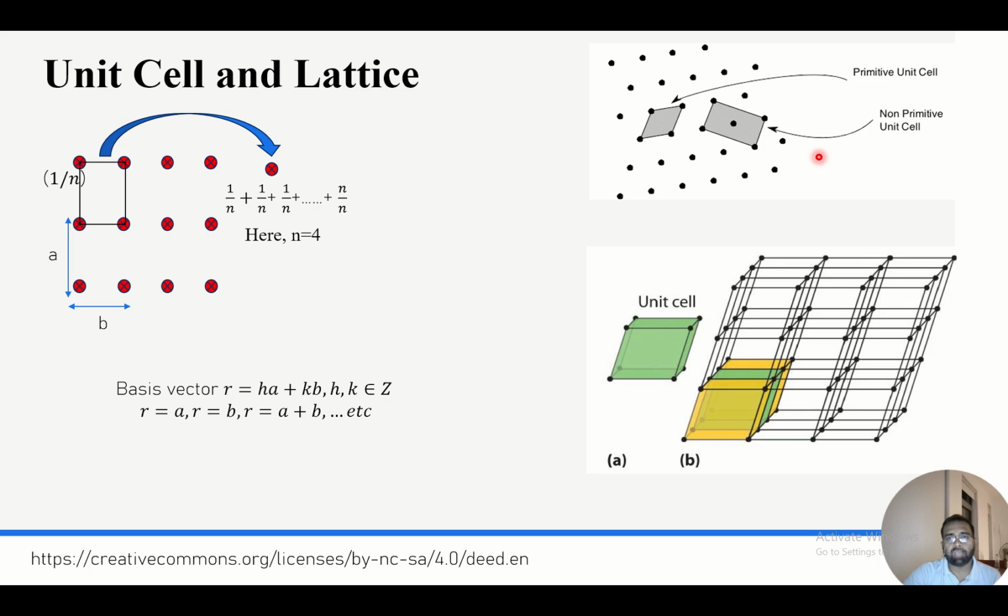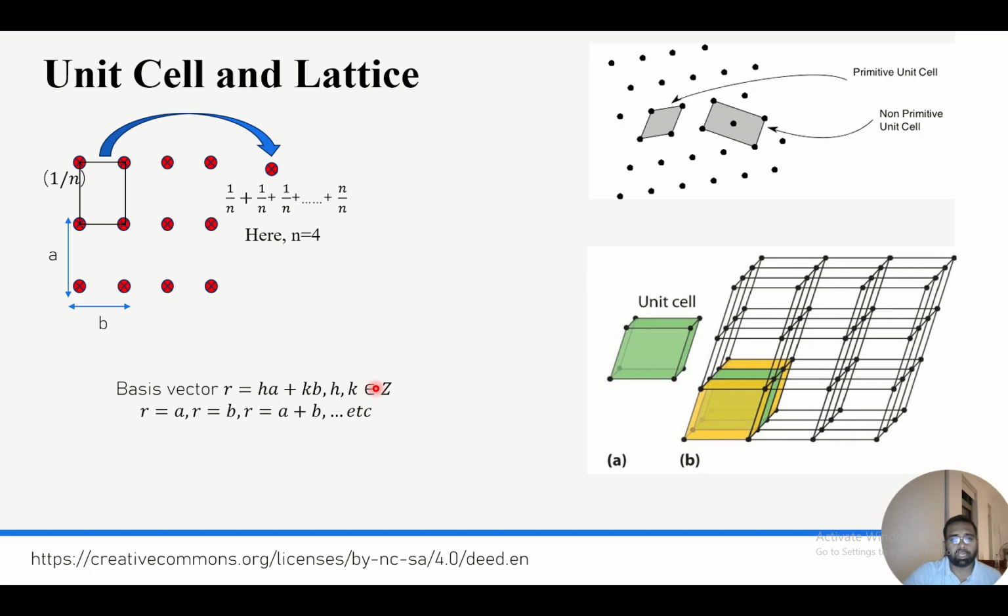But if it has atoms on the body center or on the face or edge, then it would not be a primitive unit cell. That would be called a non-primitive unit cell. And this unit cell can be represented by a direction or by a vector.